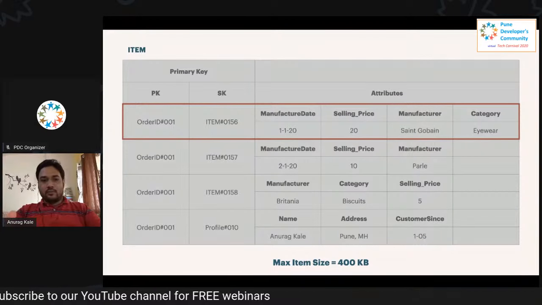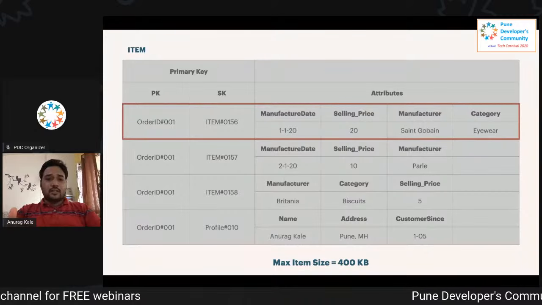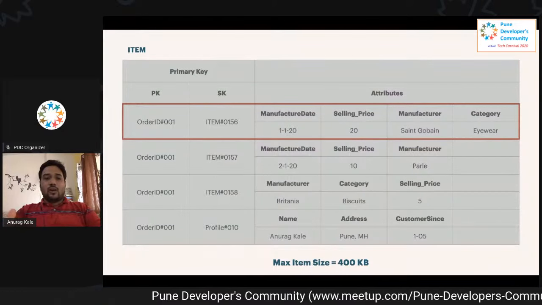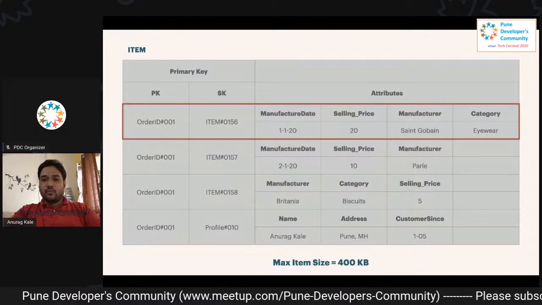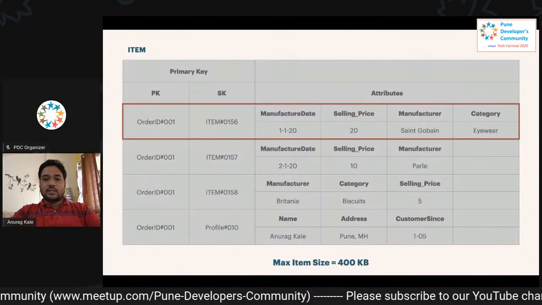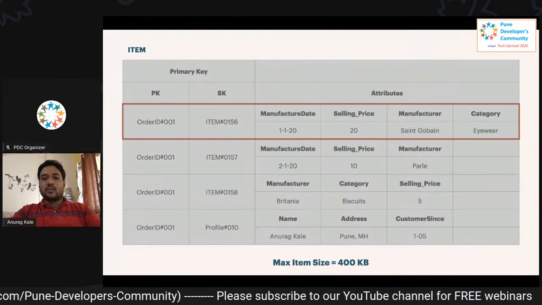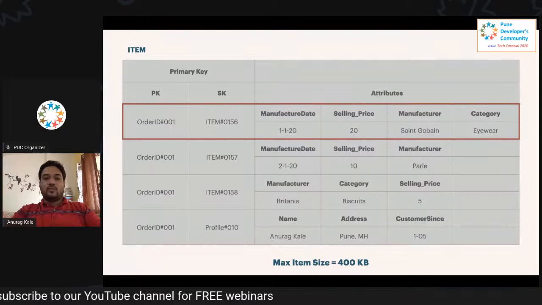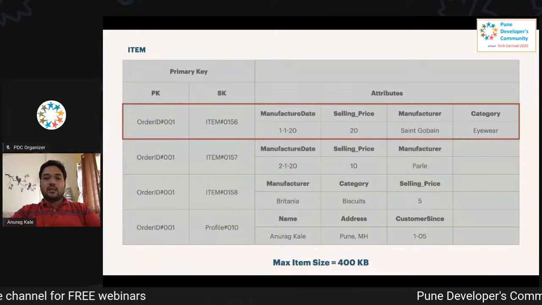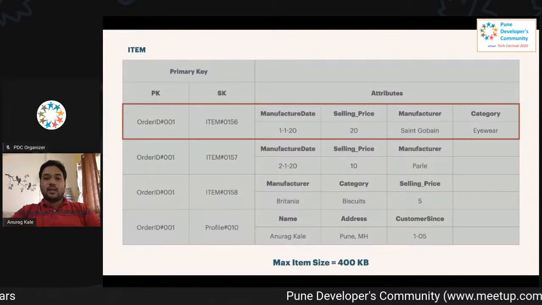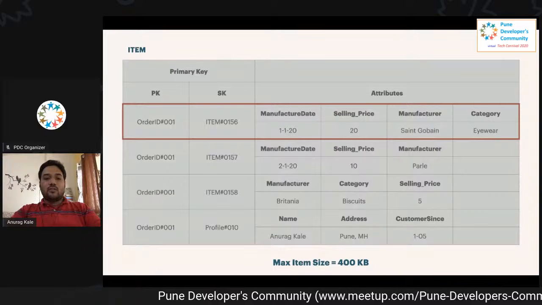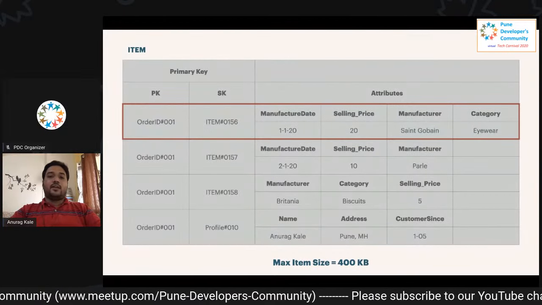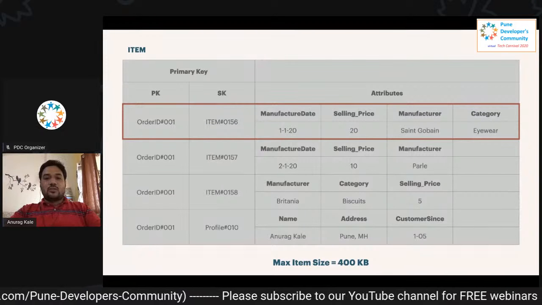So for example, for item 156 and item 157 under order 001, you will see on top it has 4 attributes and 4 attribute values, but on the second line you see that it has only 3 attributes. One of the attributes, the category, is missing. But if you see the third entry, you will see that the order of this entire thing is different. And if you see the fourth item, you will see that all the attributes are totally different. So this is the flexibility.